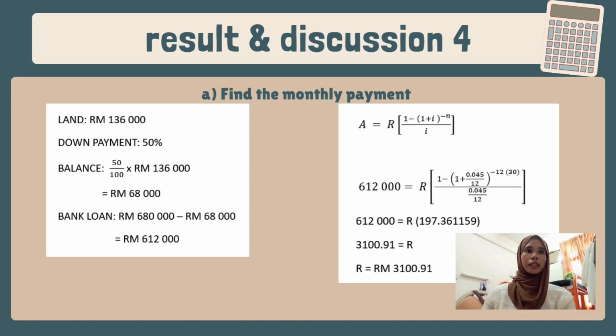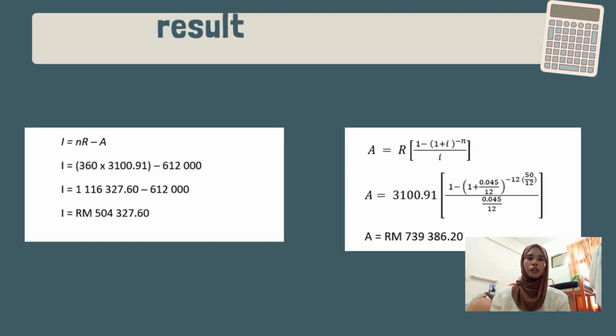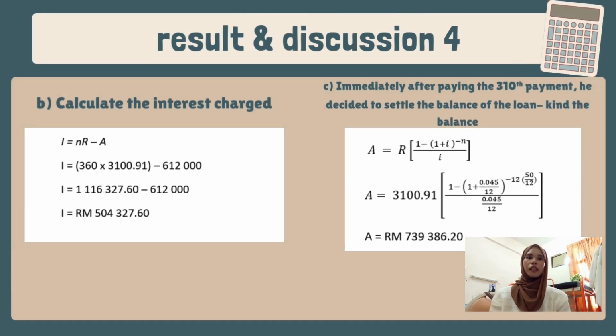After we calculate the amount in the square bracket, the answer that we get is 197.3611159. So we divide 612,000 by 197.3611159, and the answer that we get is 3,100.91.